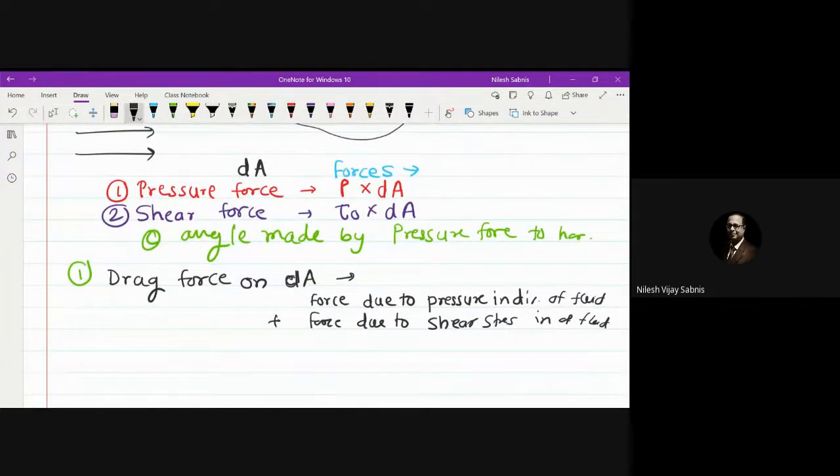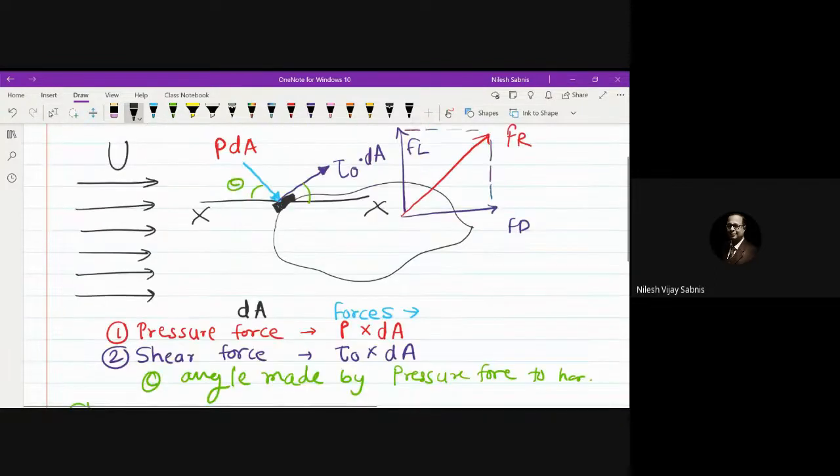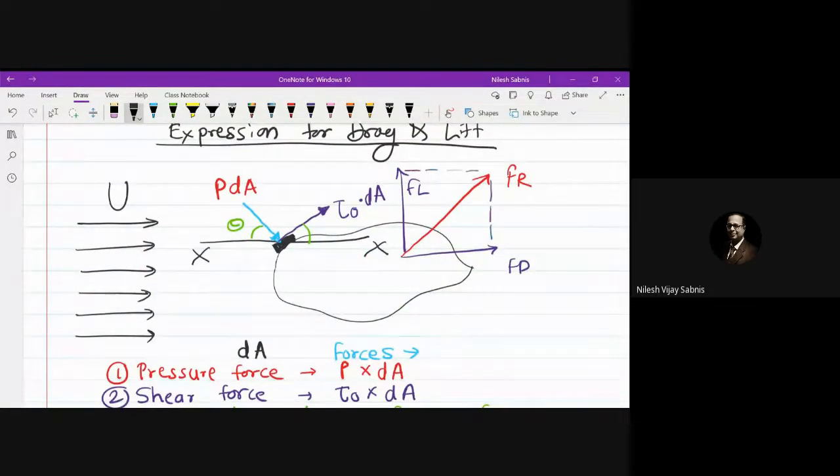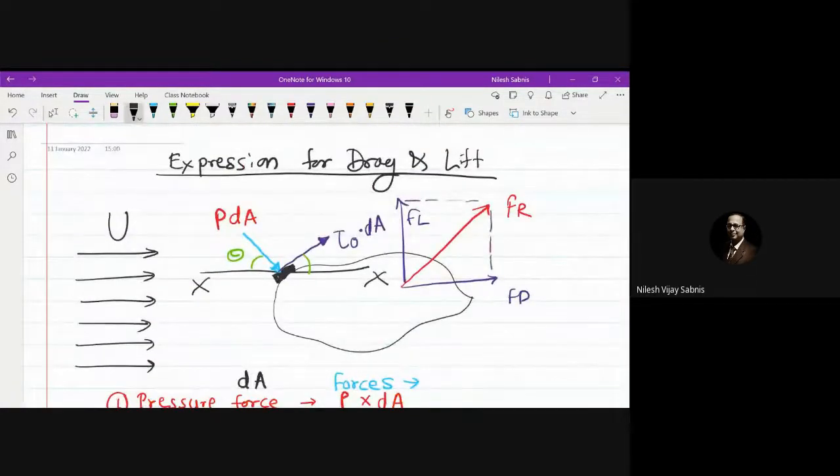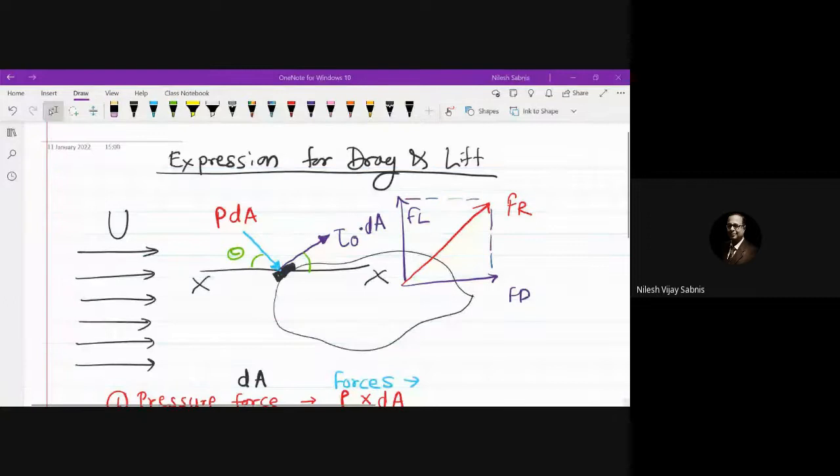So what will be the answer? Force due to pressure means the component of this PdA in the direction of motion. What will be the component of that PdA in the direction of motion? Tell me from the diagram, I will not go ahead without that. The component of PdA in the direction of motion, if theta is the angle.